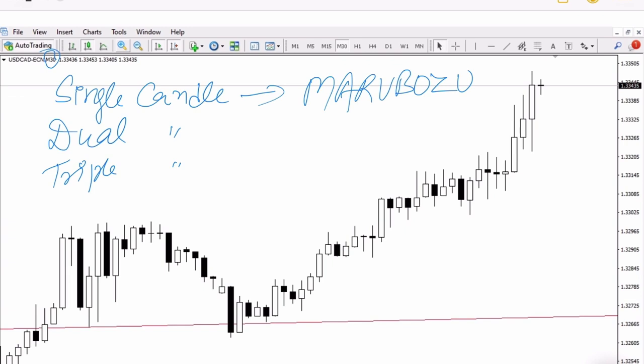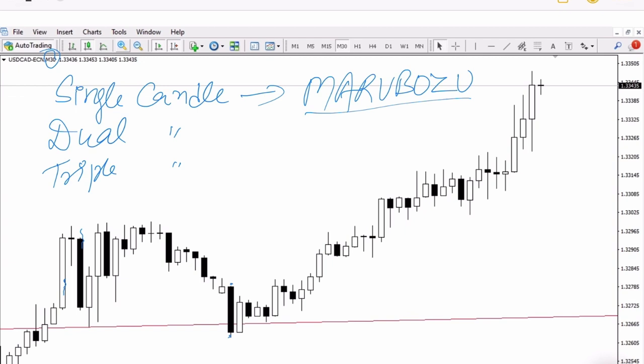So these candles are some sort of Marubozu candle. This one and this one. Look at the left side. Then if you come here in the lower middle side, this is also looking like a Marubozu candle. So basically, what we need to see in a candle to call it Marubozu is negligible wicks or tails.